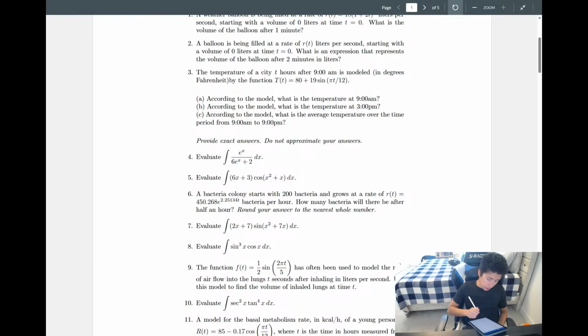And when t is 12, we get pi. But there you go, so we don't have to replace them. You don't have to.